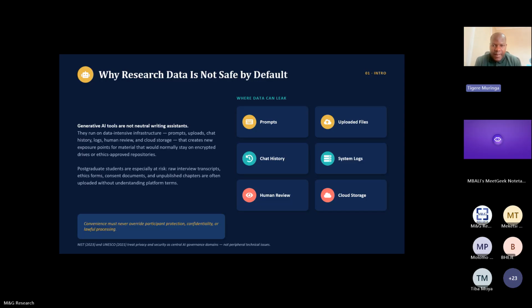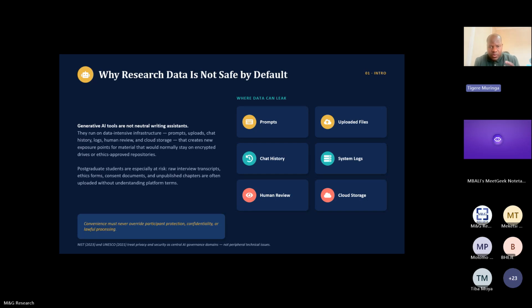The generative AI systems, right, they run on data intensive infrastructure. They run on prompts, uploaded documents, conversation histories, system logs, human review processes, and cloud storage and model improvement settings, right?